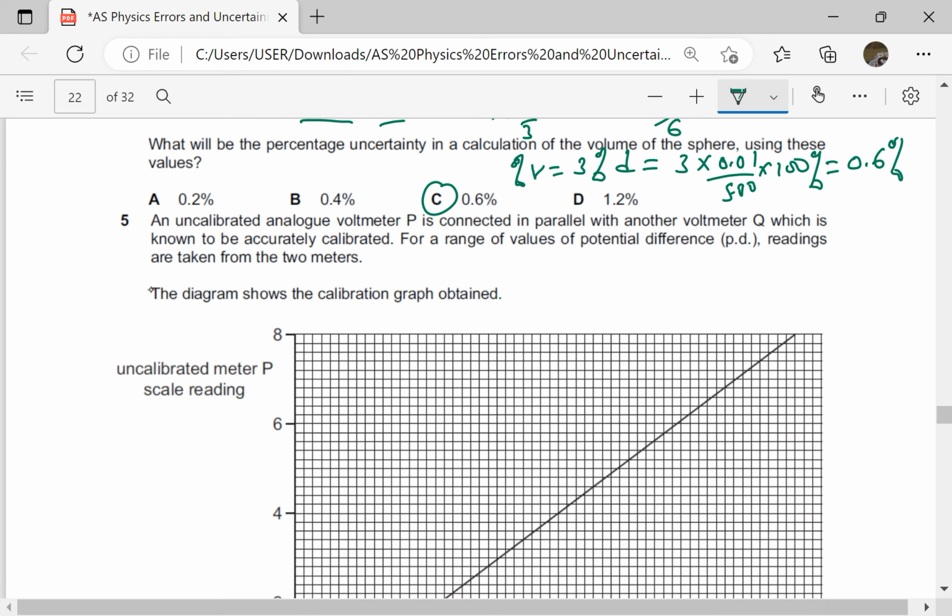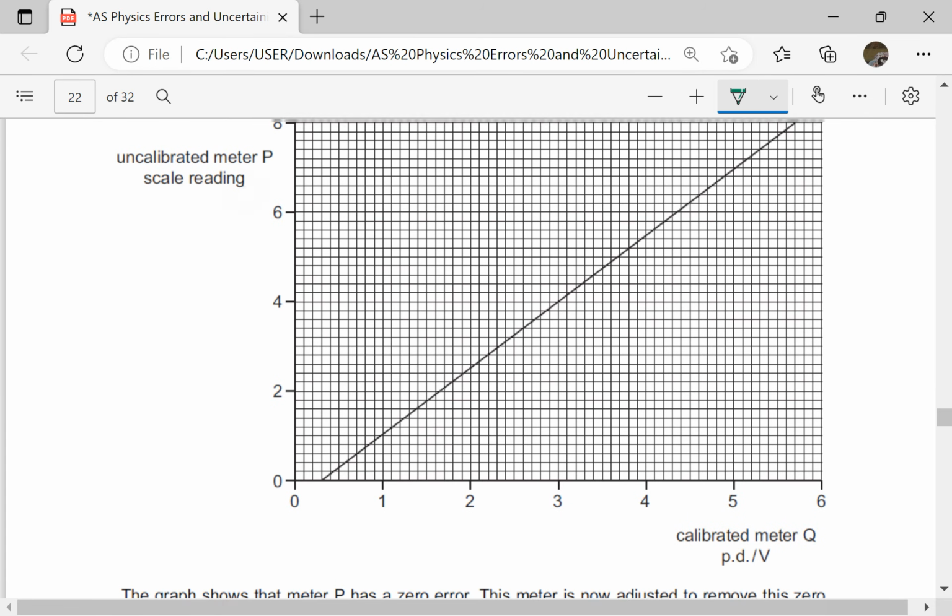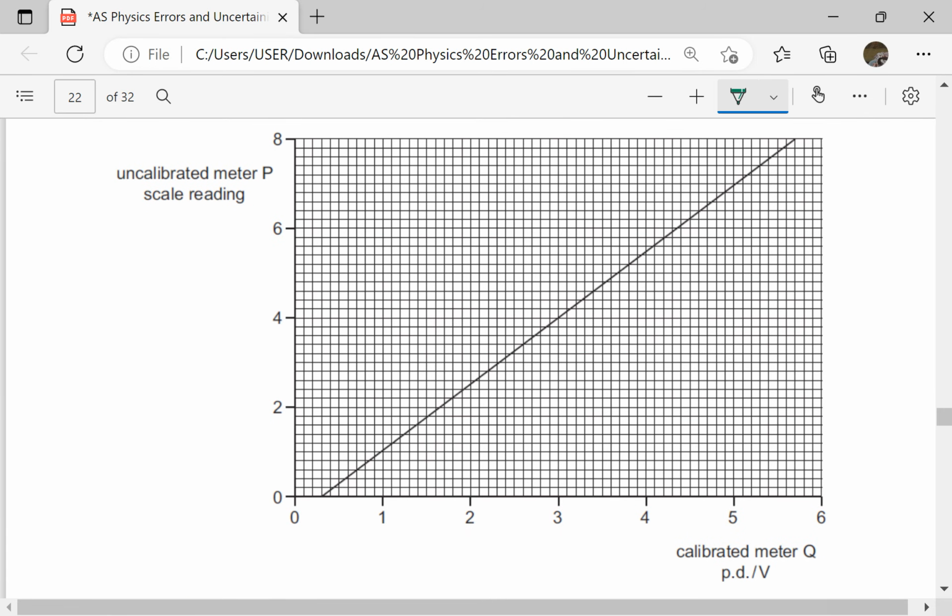An uncalibrated analog voltmeter P is connected in parallel with another voltmeter Q, which is known to be accurately calibrated. For a range of values of PD, readings are taken from the 2 meters. The diagram shows the calibration graph obtained. So we have the uncalibrated meter P scale reading and the calibrated meter Q scale reading.